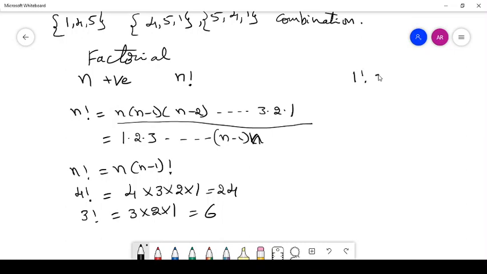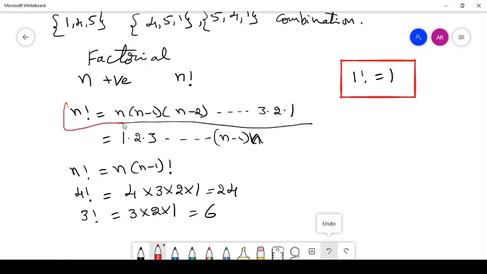Next, 1 factorial is nothing but 1. You have to remember it: 1 factorial is 1. n factorial is n into n minus 1 into n minus 2 up to 3 into 2 into 1.